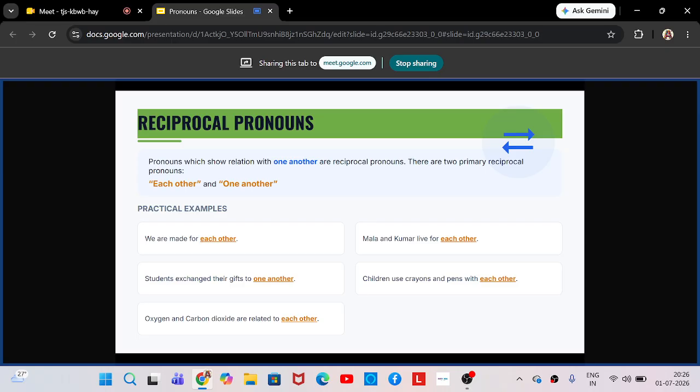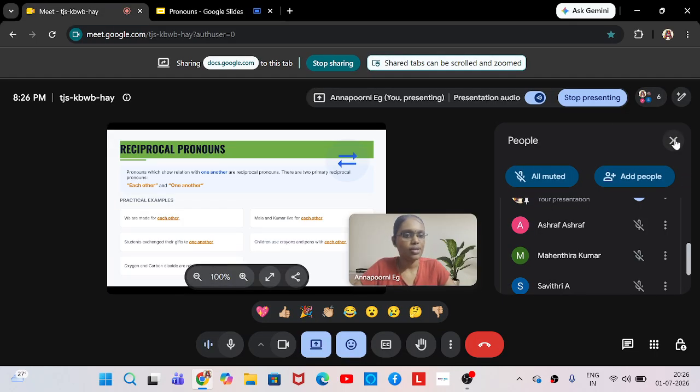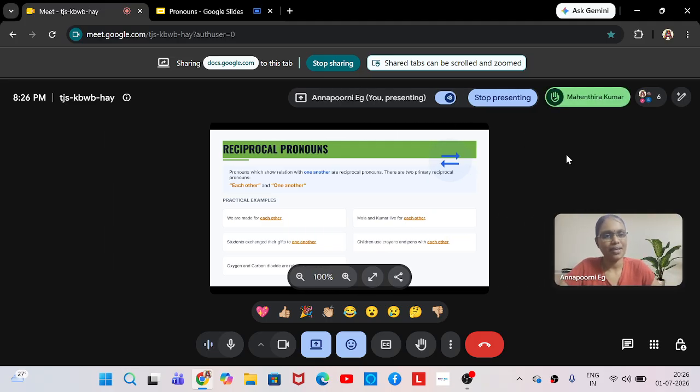Reciprocal, as the word says, how many of you have studied reciprocal in maths? Just raise your hands. What is meant by reciprocal, Mahendra? In maths, we study that.